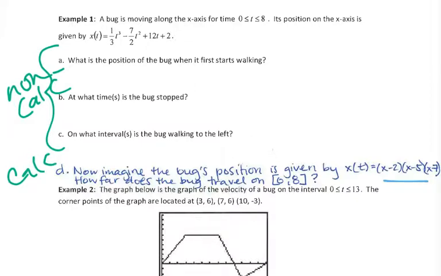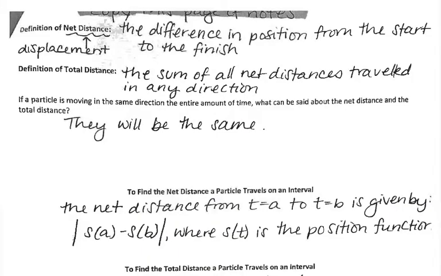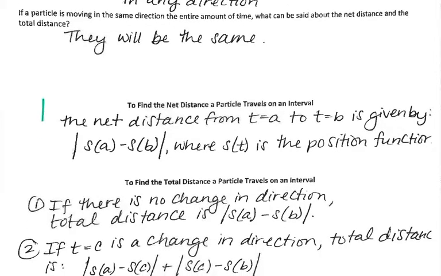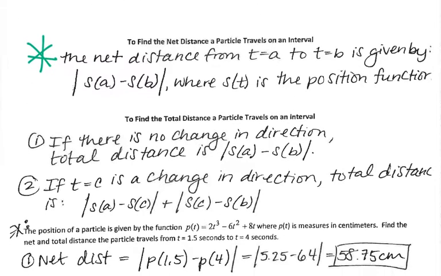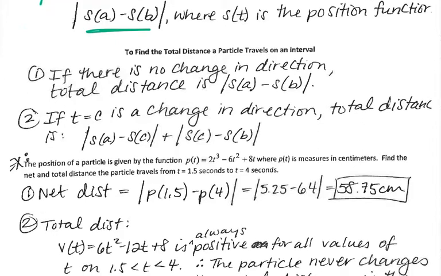And what would also be helpful for this problem is to look at the new notes I gave you on the last page. Here's some new information on finding net distance or total distance. Net distance is given by finding the difference in position or the absolute value in position. If there's no change in direction, then total distance is the same as displacement.